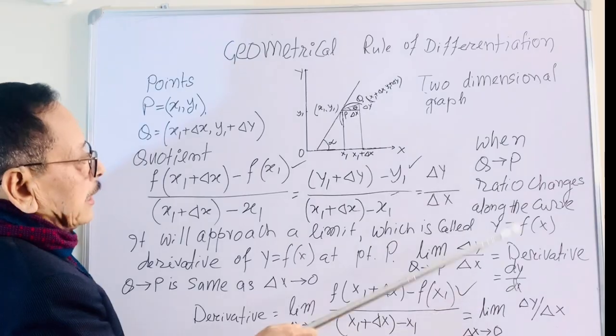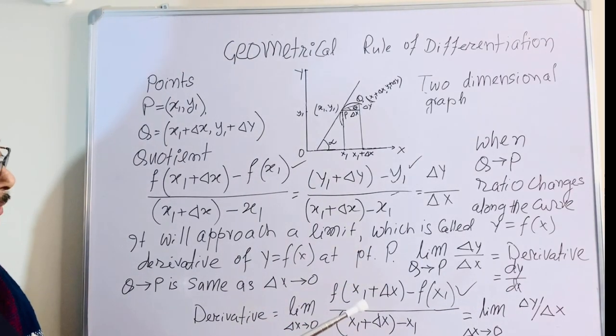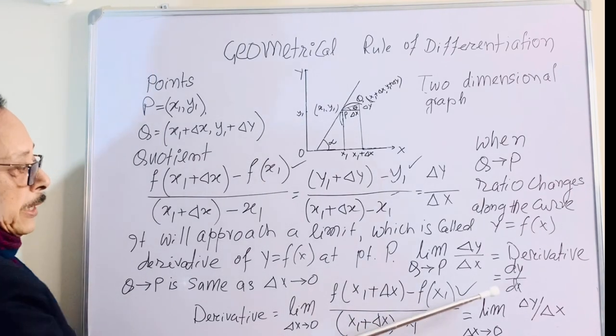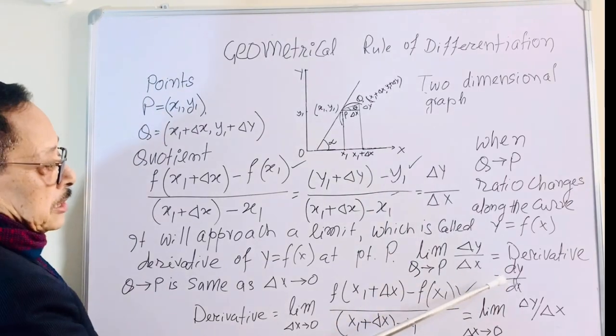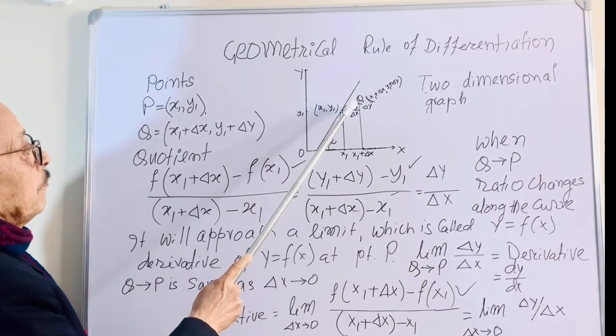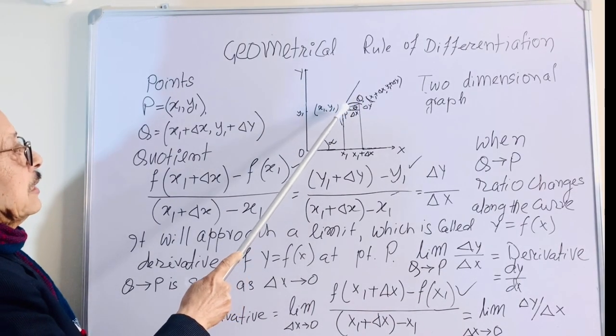This dy by dx you find in different books, whether in mathematics or even in economics. So it is the tangent. At point P, the curve has a tangent.